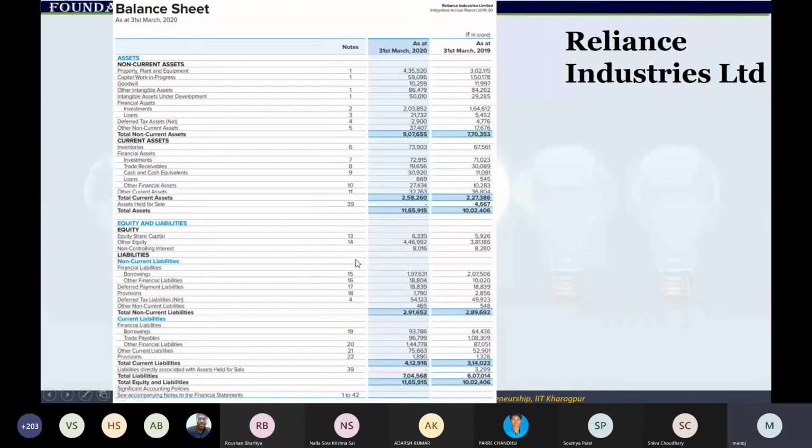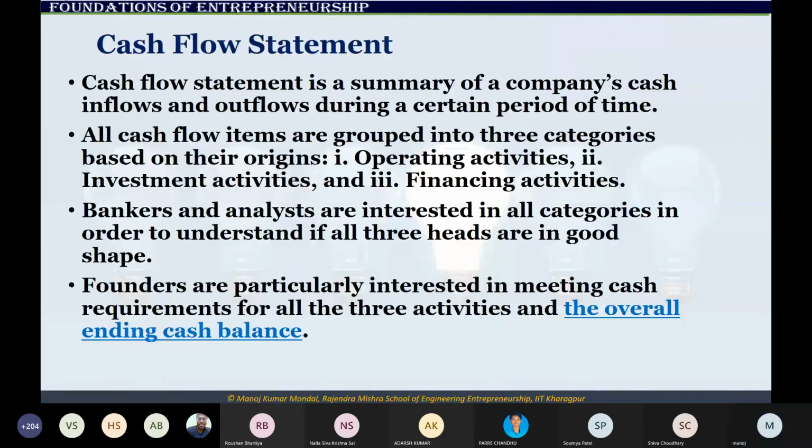If you go to the other equity schedule, this 14 is the schedule, you will find 4,46,990 crore, a humongous amount of money. This is nothing but reserves and surplus. Profit is plowed back, so they call it other equity. Nowadays, I see in the majority of balance sheets, other equity is mentioned, which I refer to as reserves and surplus. Okay, so this is how it looks.